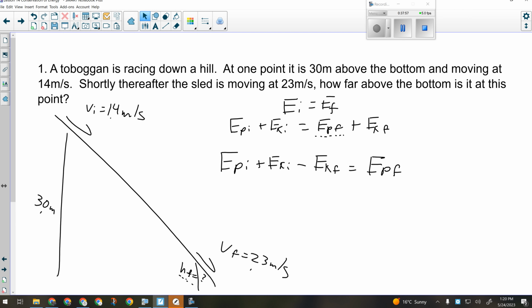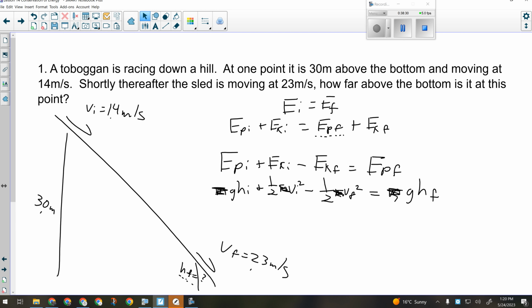Now I can put in my formulas: m times g times h initial plus 1/2 m v initial squared minus 1/2 m v final squared equals m times g times h final. Since m is in every term, what can I do with it? I can cancel it off, or I can make it whatever I want. 1, 250 million, 5, it doesn't make any difference what it is. So I choose to make it nothing.